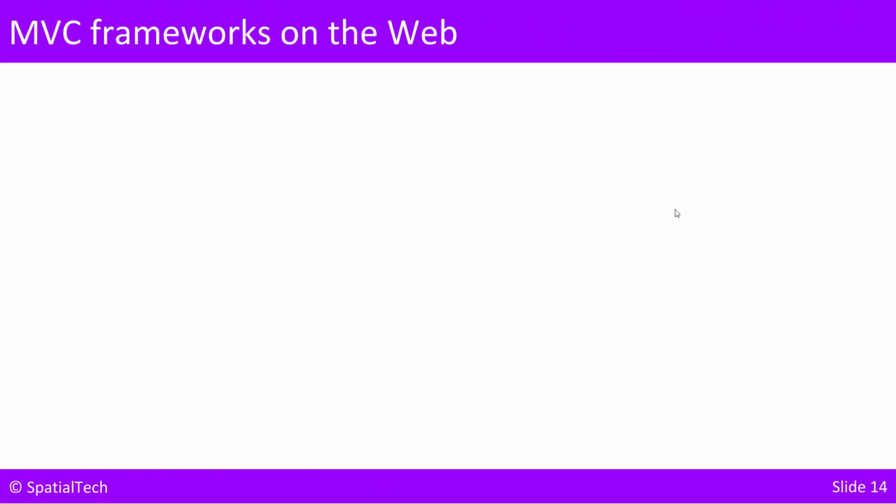And so there are some MVC frameworks on the web. It's not an absolute thing, but it's typically where you have a lot of full page refreshes. And so what happens is the view's way up in the browser. You do some things that change, that gets sent all the way back to the server.